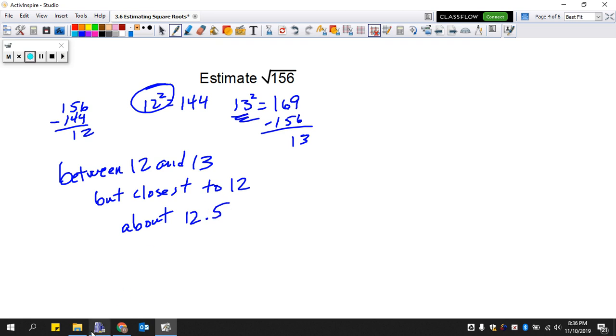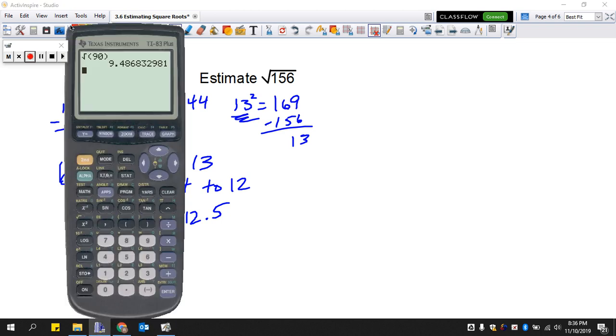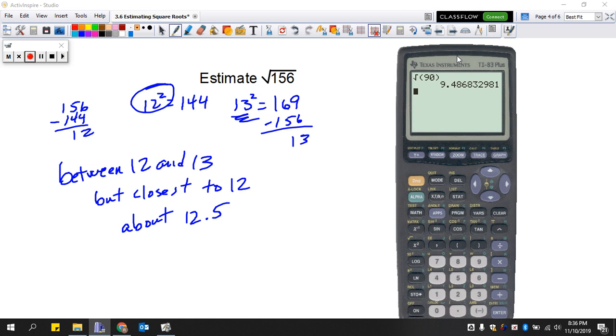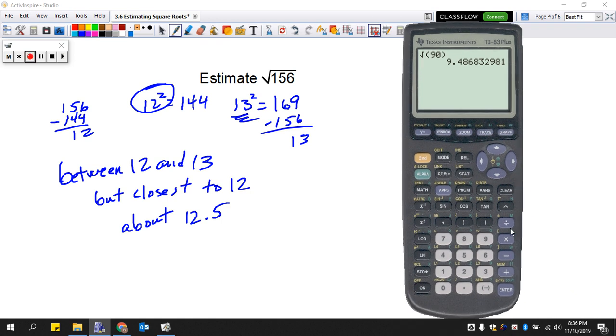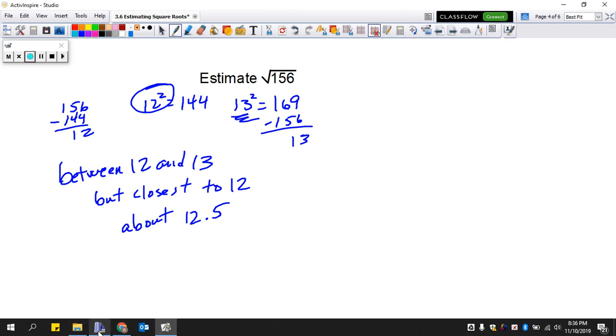And if we want to check it, the square root of 156 is, once again, 12.48. Okay, so that's once again really close to 12 and a half.